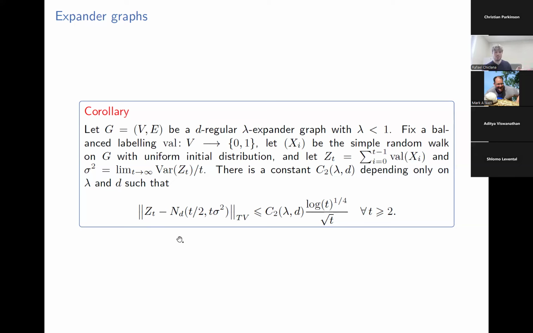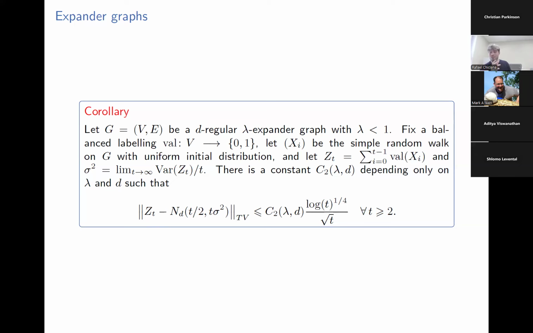We just proved that the simple random walk also converges to a normal distribution. Are these two normal distributions the same one? And actually, the answer is no. The expectation is the same. It is t over 2, because half of the vertices are zeros, half of the vertices are 1.